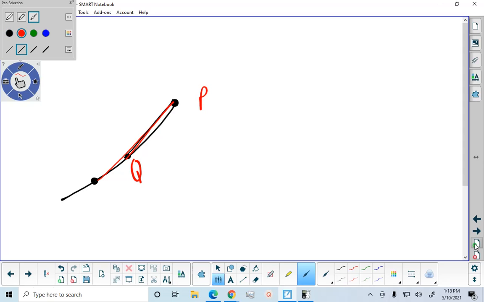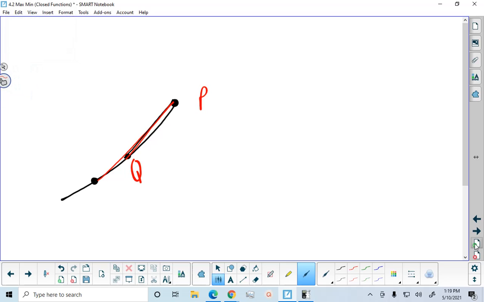And what we said was that the slope of the tangent, and I hope you still remember this, is the limit as point Q approaches P of the slope of the secant. I hope that is memorable to you. But then we learned about left and right-handed limits.